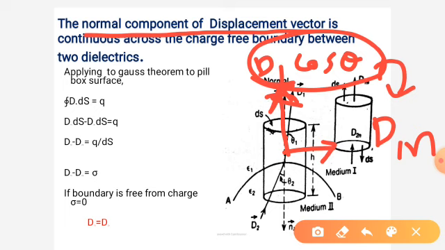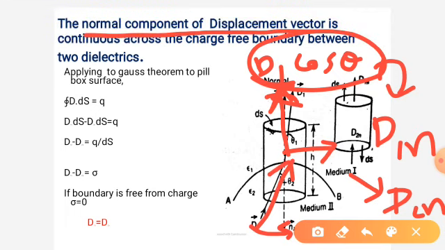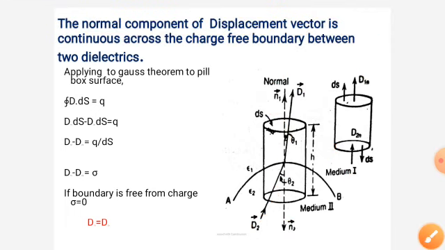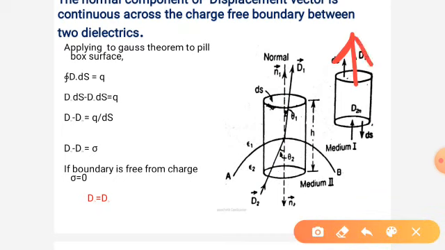Here also d2 cos theta 2 is the normal component, represented as d2n. Its direction is inward, its direction is outward. So d1n is like this, d2n is like this. So take the integral so that we get the total displacement vector at the boundary.